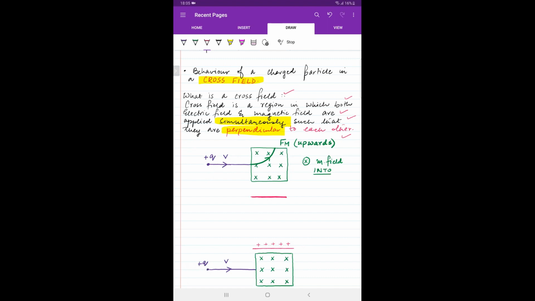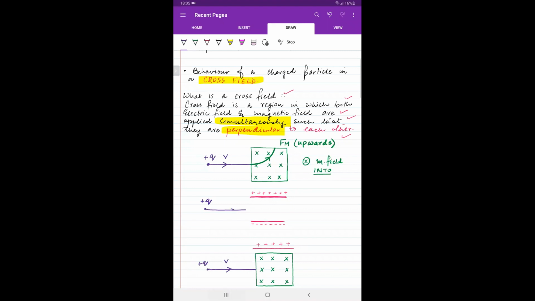There is one plate which is positive. On the other side, the other plate is negative. And again, the same charge particle is now entering this electric field. Let's see what will happen.